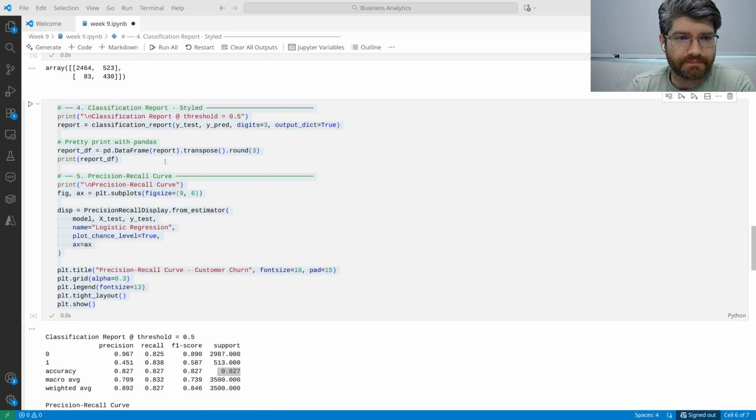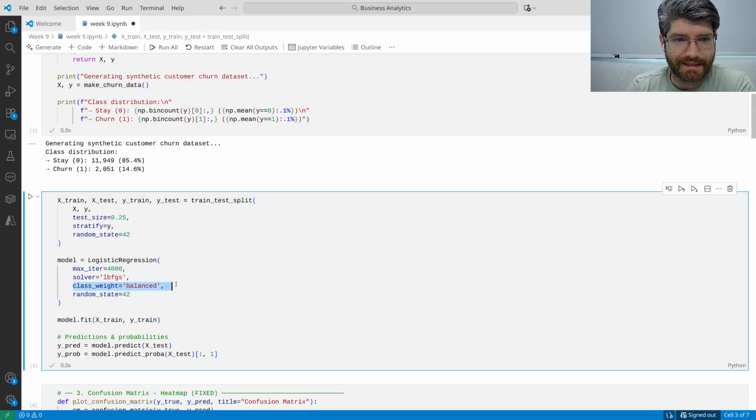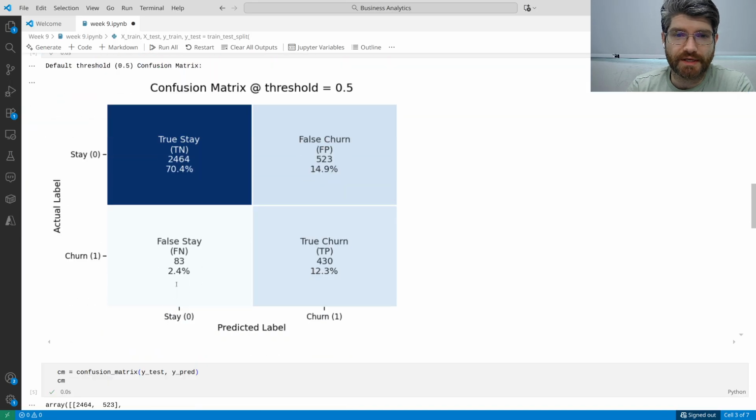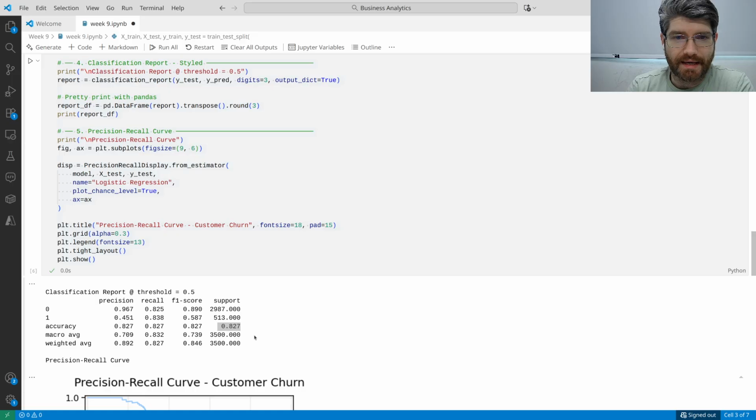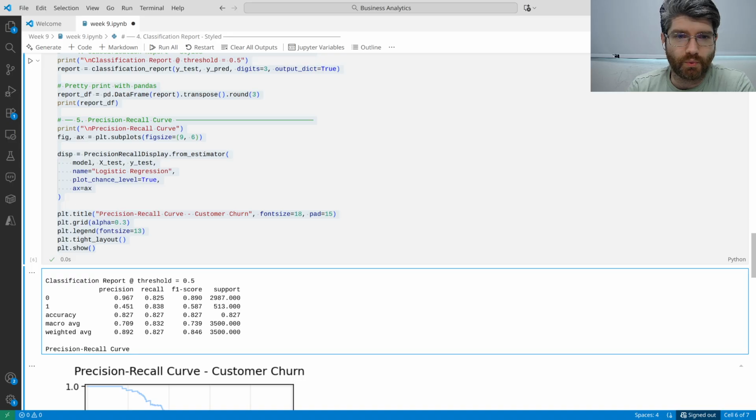Because we used the class weight balanced, the model deliberately sacrifices a bit of overall accuracy to get much better at finding the rare churners, the ones we actually care about. Let's look at the confusion matrix to see why. Because of the balanced weights, the model tried really hard to find those churners.